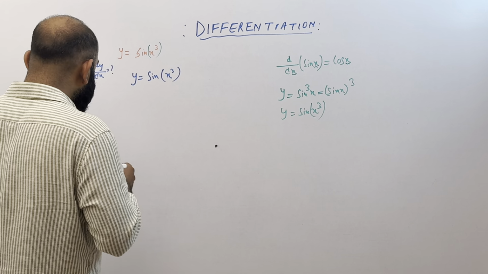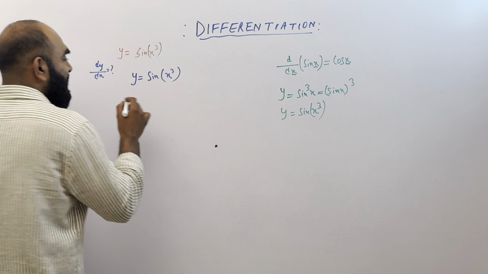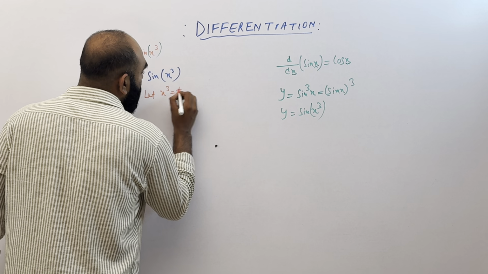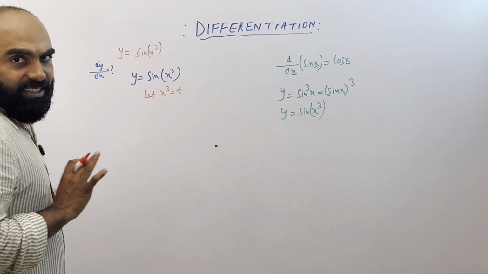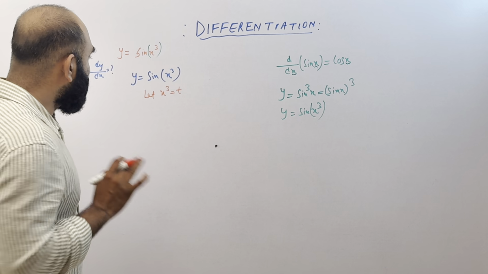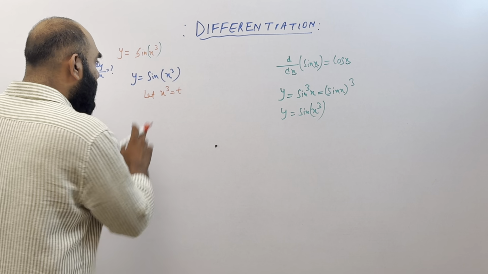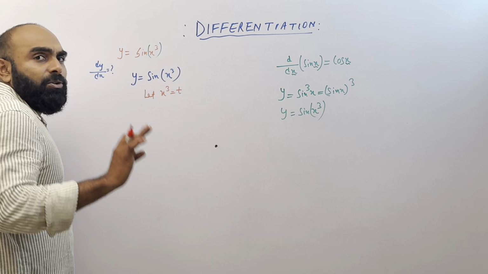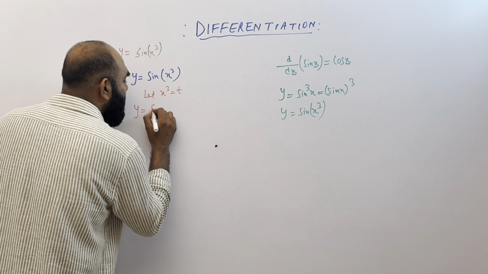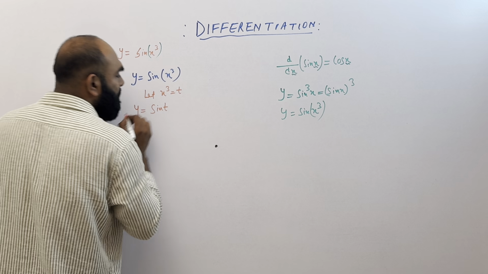In the substitution method, I will say let x to the power 3 be equal to some variable t. You will get habituated to all these things, just have patience. Now this function becomes y is equal to sine t.